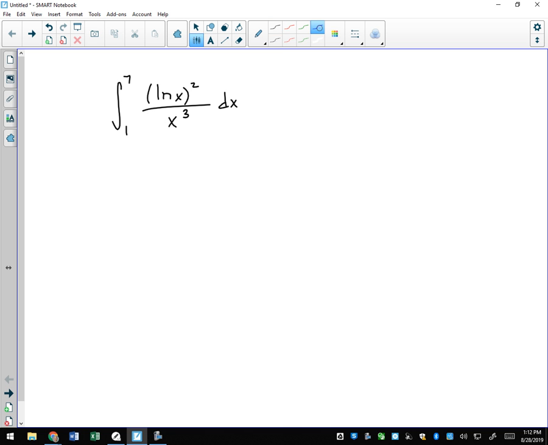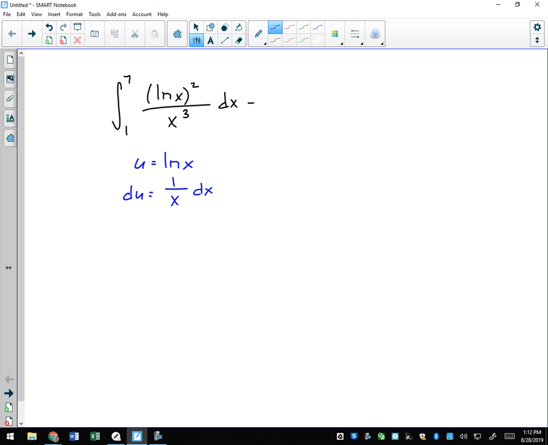So my initial thought is, I wonder what happens if I let u equal the natural log of x and I try some u sub, which can work because the derivative of natural log x is 1 over x dx, and while it's kind of hidden and wonky in here, I do see a 1 over x in here.